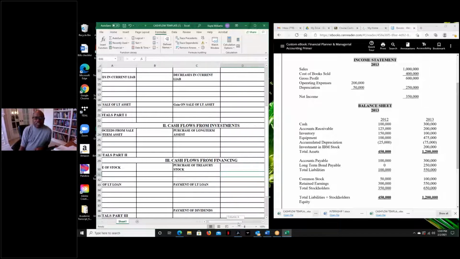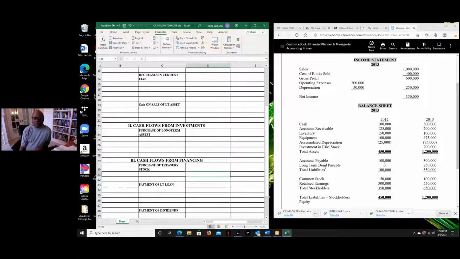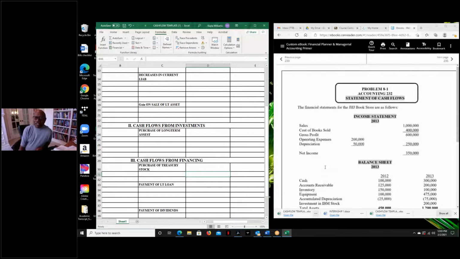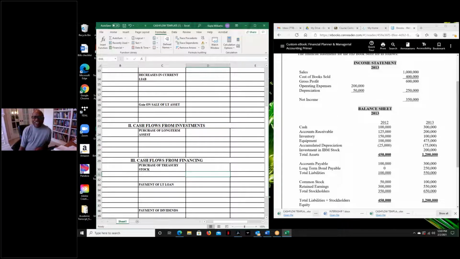How much are the dividends? Does it say? I don't see anything that says dividends on here. Actually, you don't. Well, calculate dividends for me. Oh man. Okay. So who's going to help us calculate the dividends?